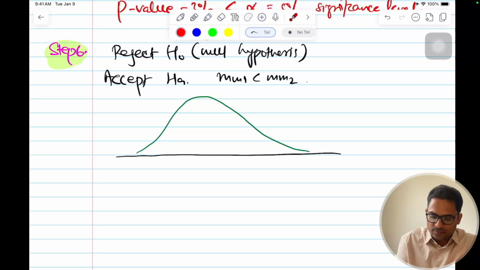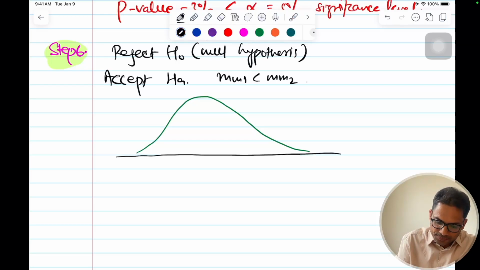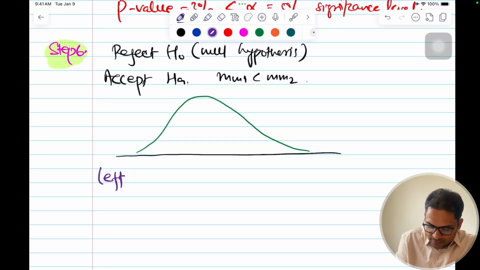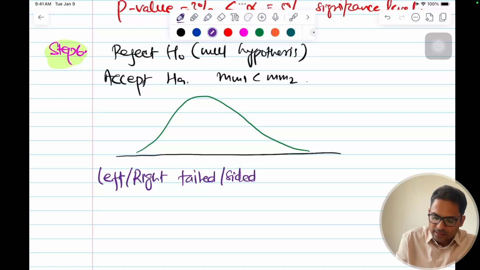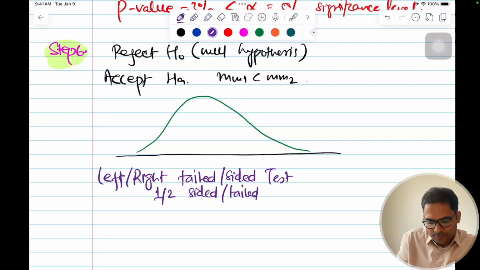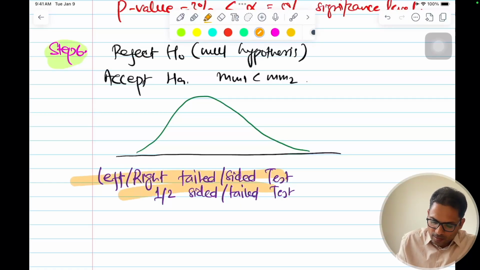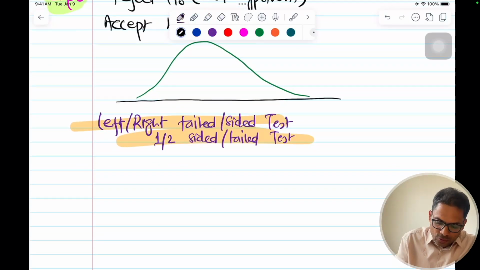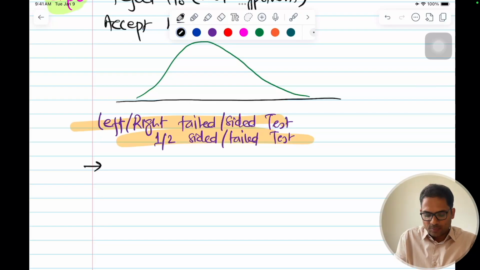First of all, let me write left slash right tailed or sided. Tail test or one or two sided test, all of them sided or tailed, I'll cover all of them together. The concept is the same. All of this depends on our alternate hypothesis.